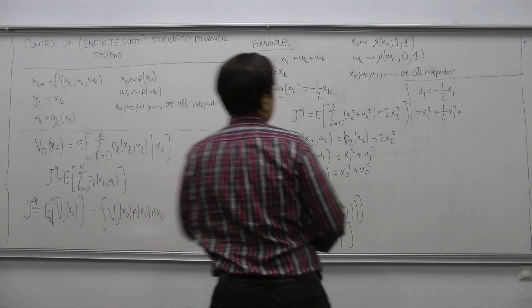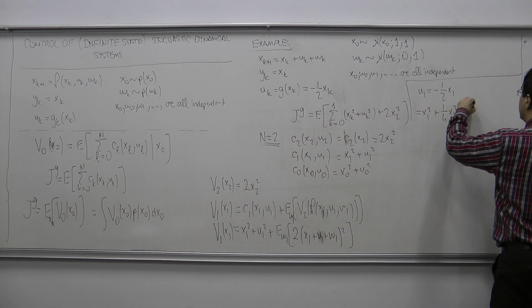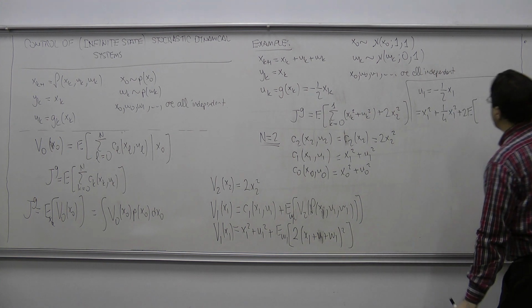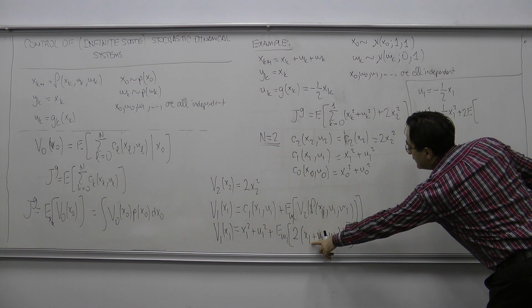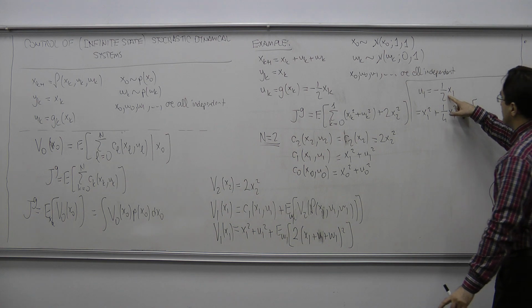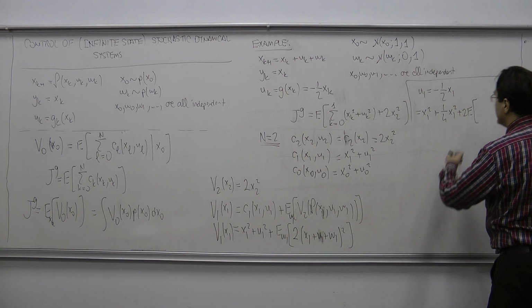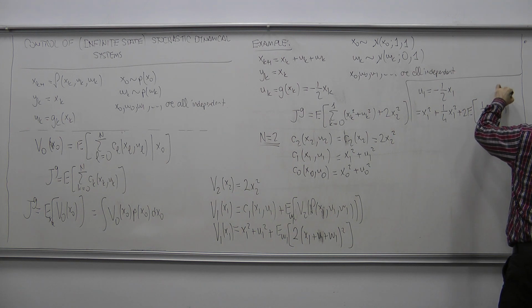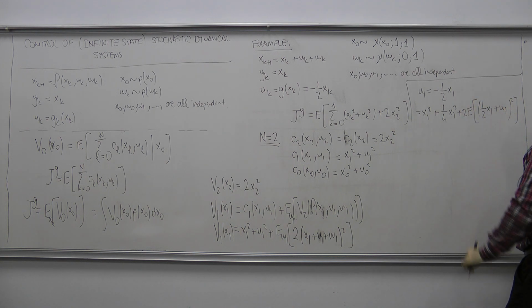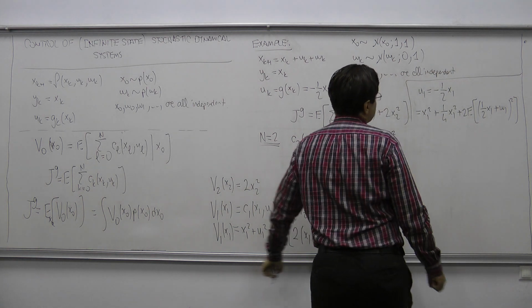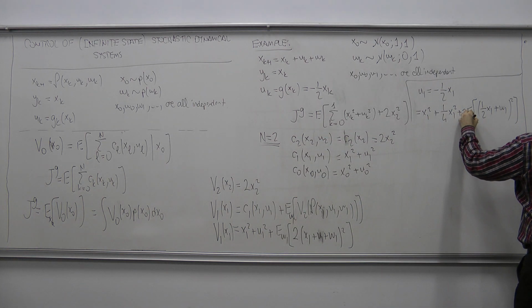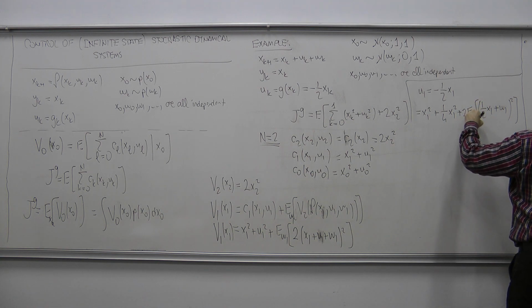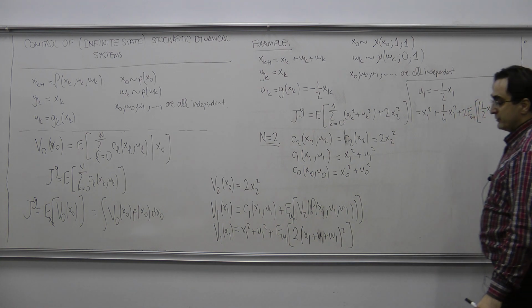So I can write here 2 times the expected value of (x1 plus U1 plus W1) squared. I have x1 here, and U1 is minus 1 over 2 x1, which would give me 1 over 2 x1 plus W1, squared. Okay? And this expectation is only with respect to W1.